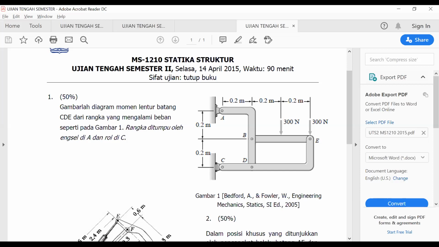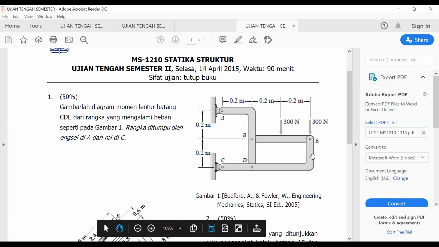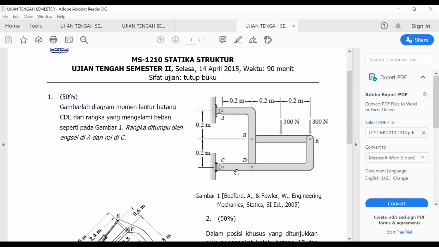No, there will be three cuts, Victoria. One cut between CD. Then after D, another cut for the horizontal part. Then another cut here. Can you see my mouse? This one is the first cut, this is the second cut, this is the third cut. Oh, okay, sir. Thank you.